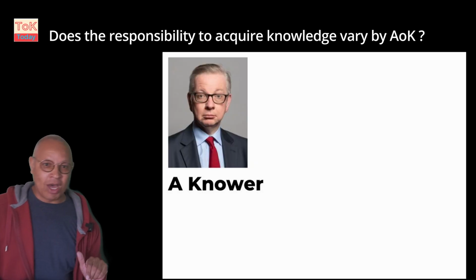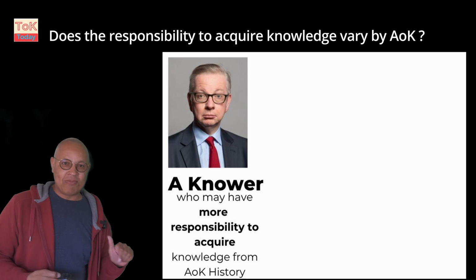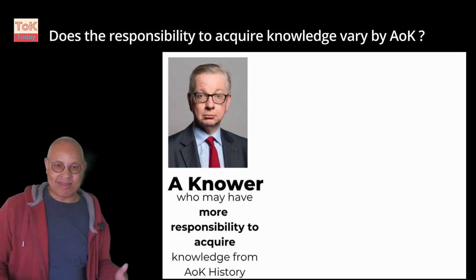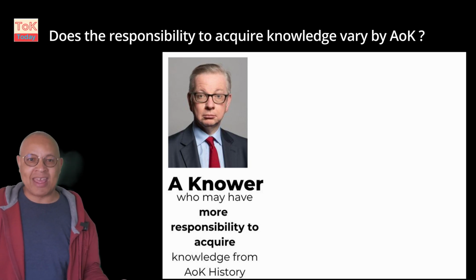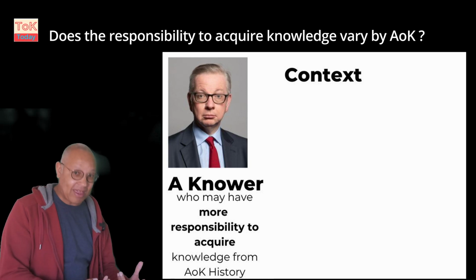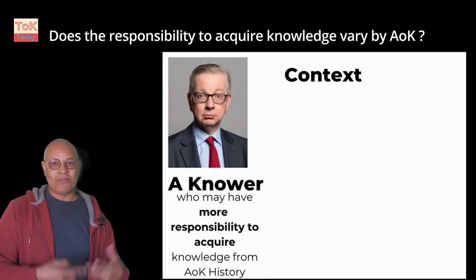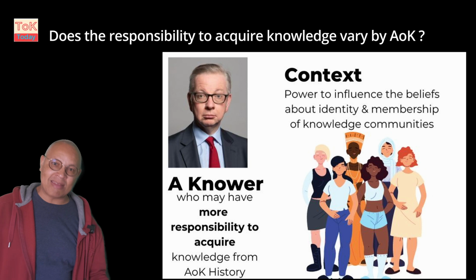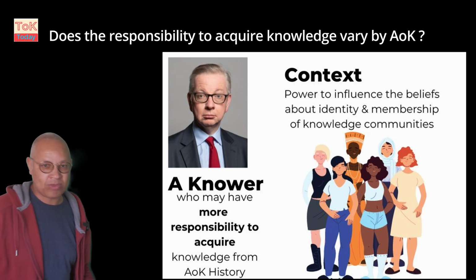Gove as our knower. He may have more responsibility to acquire knowledge about history than about other AOKs because of his then context as being in charge of the history that was taught in schools in the United Kingdom.